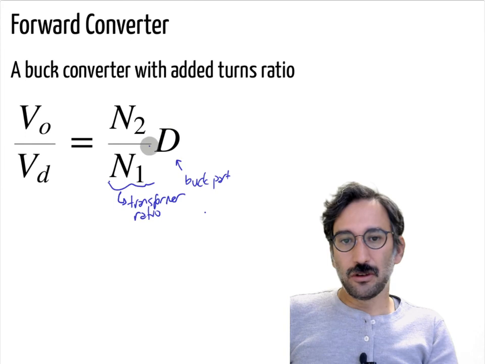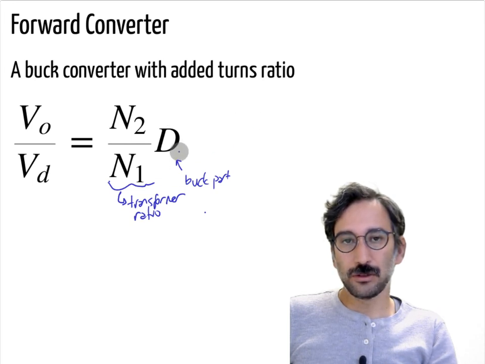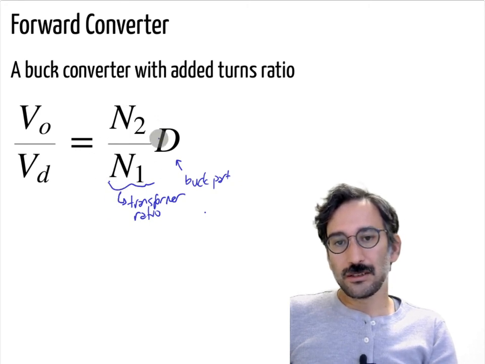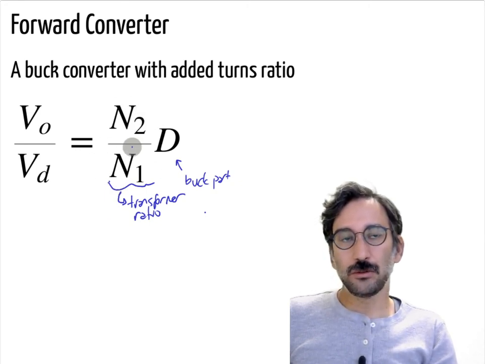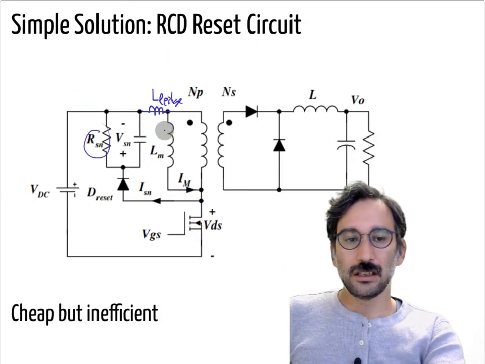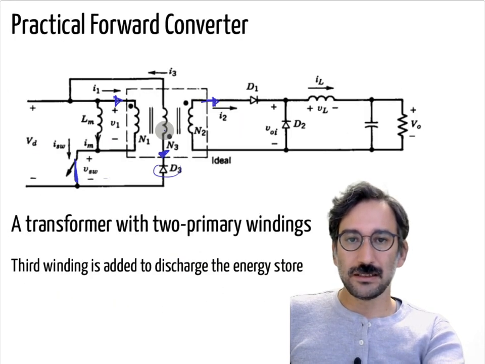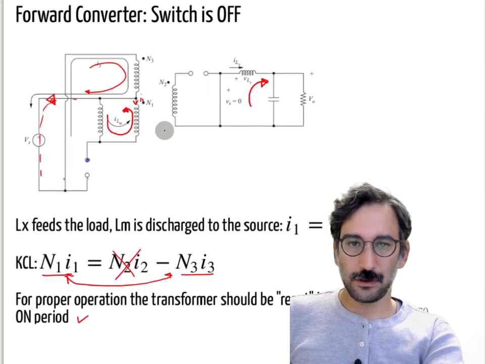And for a practical forward converter, your duty cycle has to be less than 0.5 for all operating conditions in order not to saturate your core, so you can choose a proper N2 with some safety factor to ensure your duty cycle is always less than 0.5. Okay.